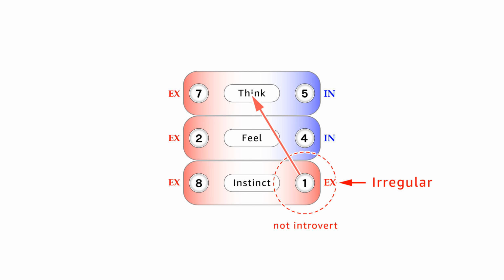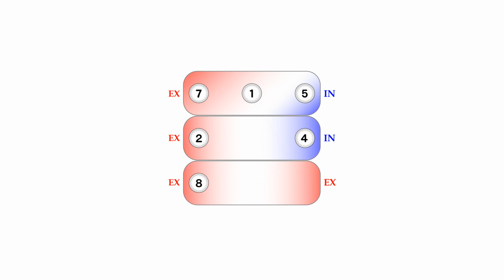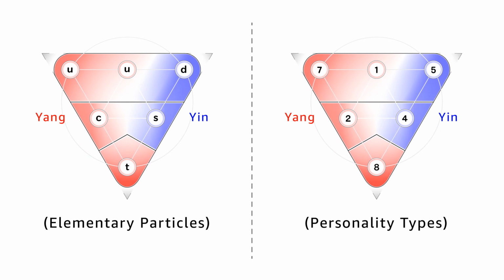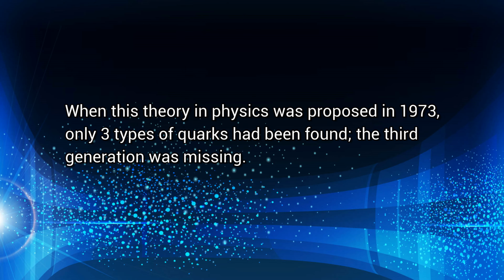As we can see, point 1 violates CP symmetry by moving up from the instinctive level to the thinking level. Likewise, when the bottom quark of the 3rd generation is transformed into the up quark of the 1st generation, CP violation happens. When this theory in physics was proposed in 1973, only 3 types of quarks had been found. The 3rd generation was missing.